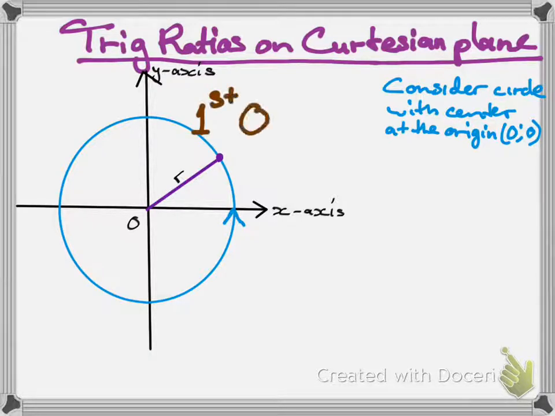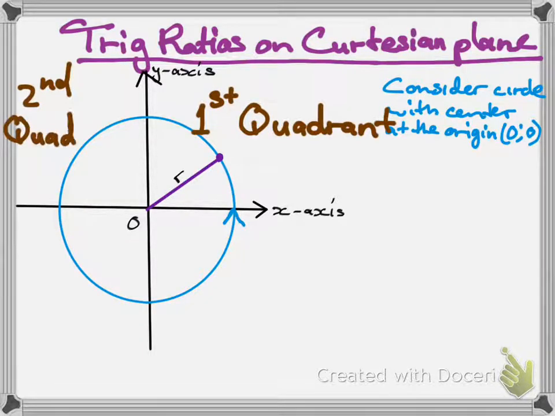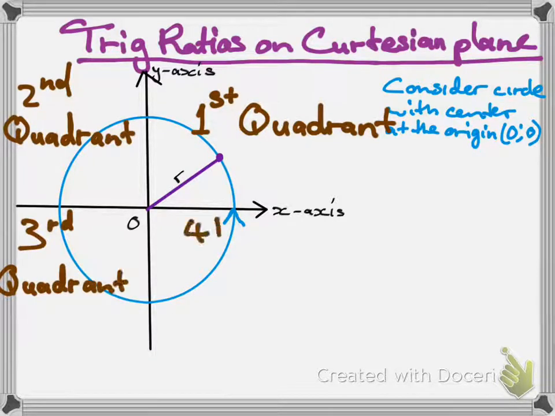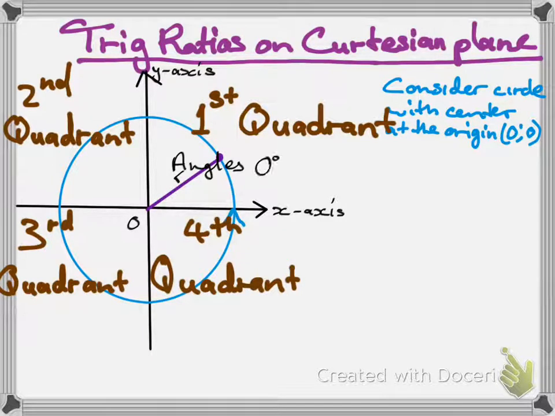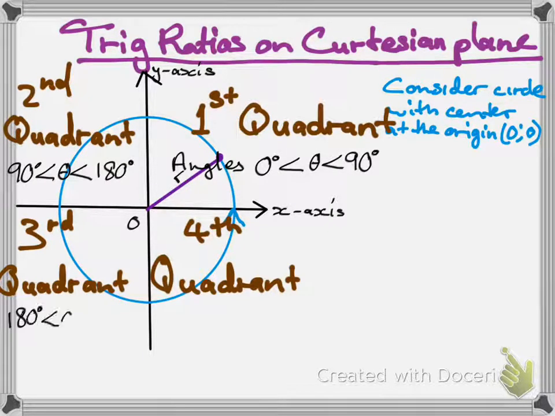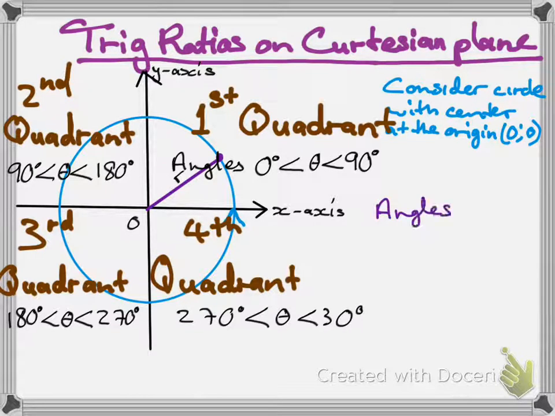So we said that the Cartesian plane is divided into the first quadrant, the second quadrant, the third quadrant, and the fourth quadrant. So we've got 4 quadrants of the Cartesian plane. And what is special about these quadrants, when we are doing trig, is that in the first quadrant we've got acute angles, in the second quadrant obtuse angles, in the third quadrant reflex angles between 180 and 270 degrees, and in the fourth quadrant reflex angles between 270 and 360 degrees.